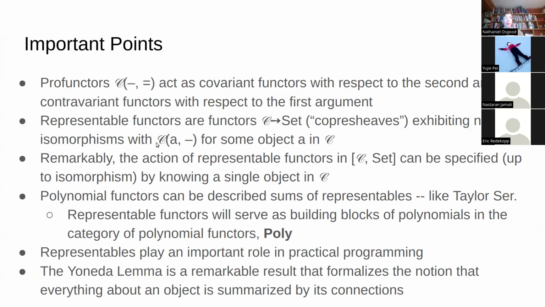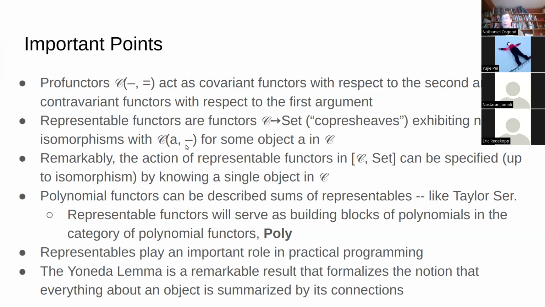This is some object in that schema, and for different objects in that schema, we could plug each object in and get a set. So this is a functor from C to set, right? You plug in any object in C and we get a set out. And you can plug in any morphism between those objects.